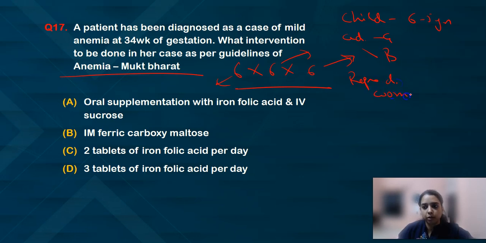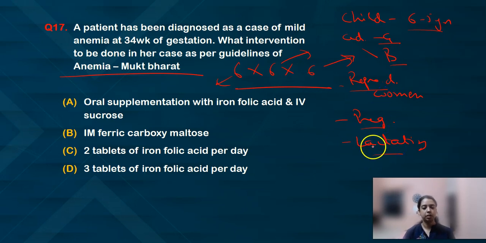So we do not want reproductive age men to be treated. Reproductive age women, pregnant women, lactating women. Okay, 1, 2, 3, 4, 5, 6. These are the beneficiaries which are being treated.